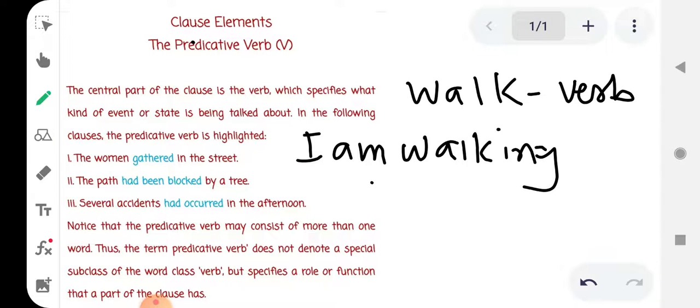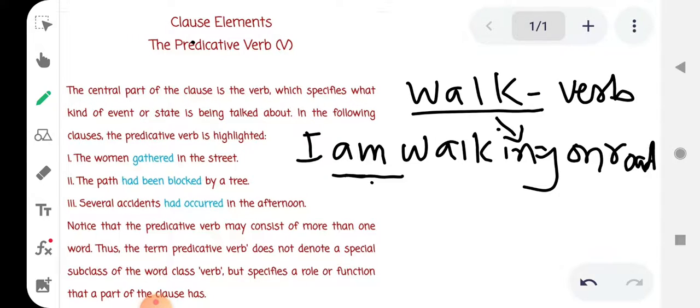I am walking on the road. So this walk shows ing, progressive aspect, continuous tense, and this am shows the present continuous tense.